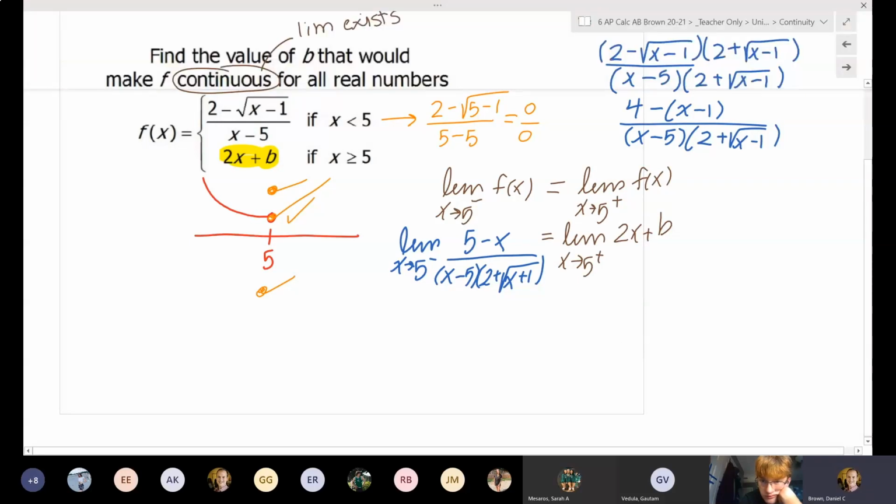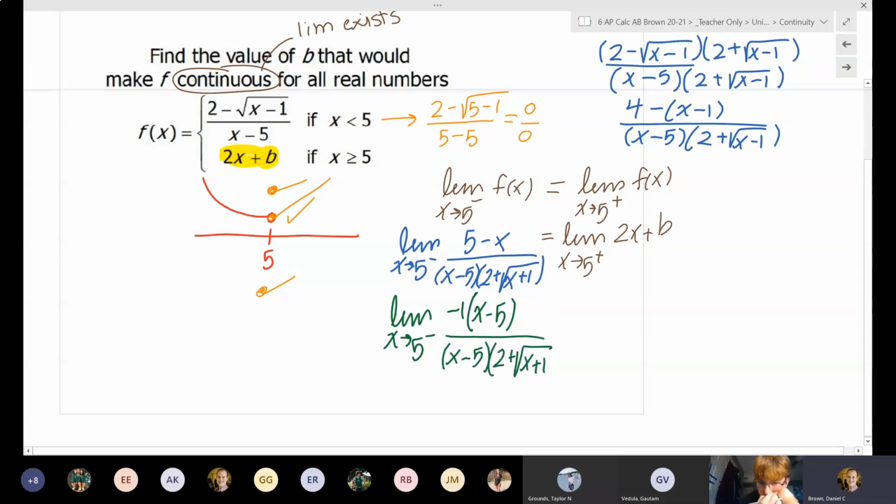What can I do in that numerator so that I can end up canceling something out? Factor out a negative. So we have the limit as x goes to 5 from the left, and by pulling out a negative 1, it now works. That cancels, and now I can go ahead and plug in that 5.